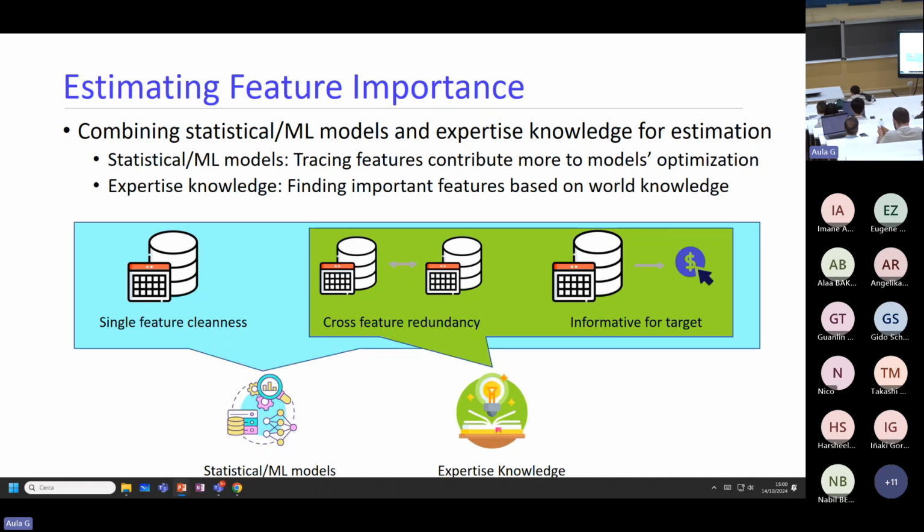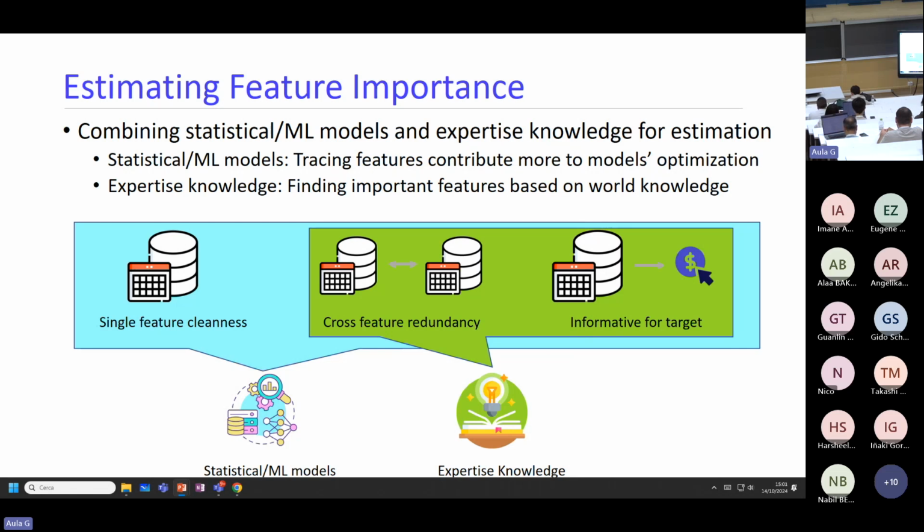Expertise knowledge. While statistical methods are powerful, they need to be complemented by domain expertise. Experts can identify important features based on world knowledge, understanding the real-world meaning of features, user behavior patterns, or industry-specific factors that may not be captured by the model alone.